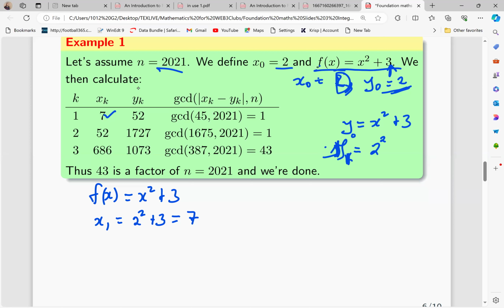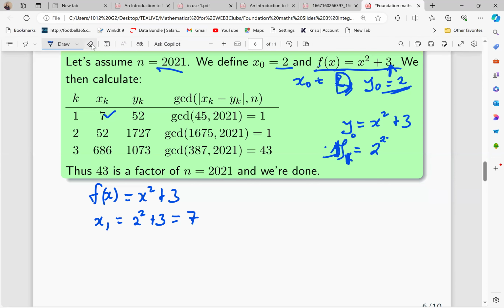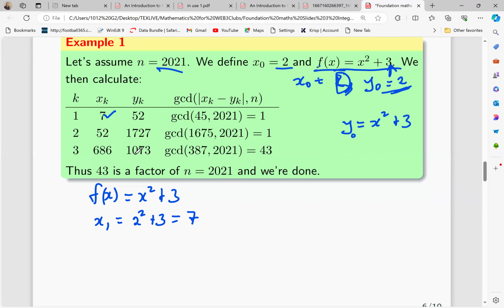After squaring it, let me just write the formula. Let me substitute this y into that equation.